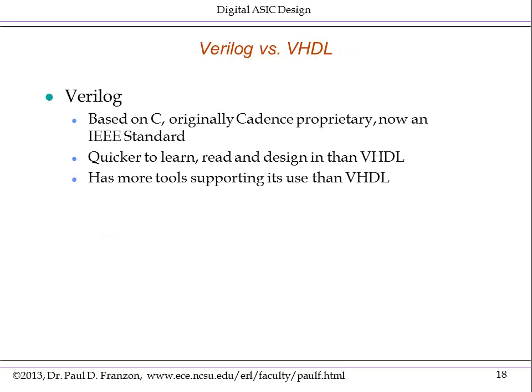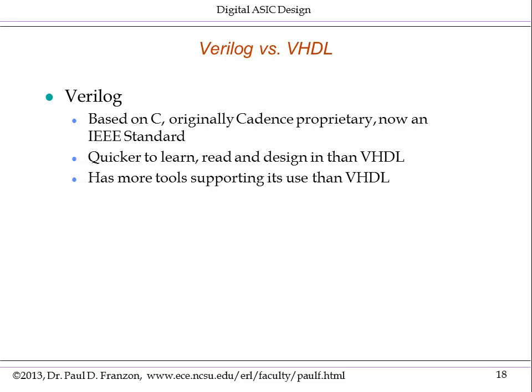A little bit about Verilog versus VHDL. Verilog, which is based on C, that might already be apparent to you, was originally a Cadence proprietary language, but for a long time now it's been an IEEE standard that can be freely licensed. It's quick to learn because it is based on C, and frankly it's also easier to read and design than VHDL for much the same reasons.